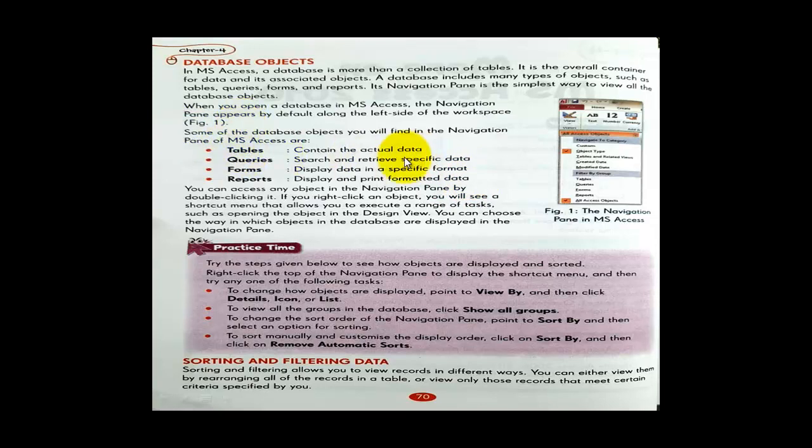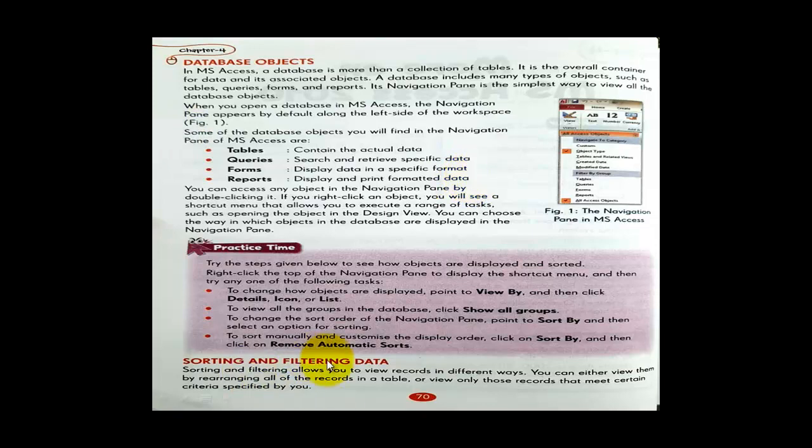Now I may ask a question like: write some of the database objects that you will find in the navigation pane of MS Access 2010. Then you have to write these four: tables, queries, forms and reports. You can underline it from here till here.